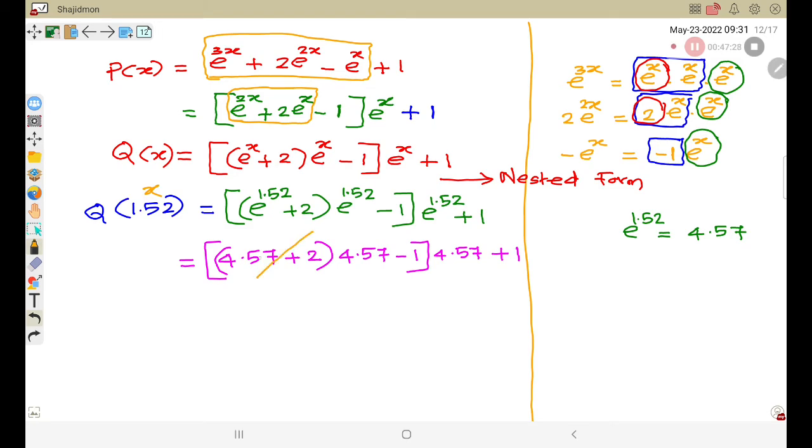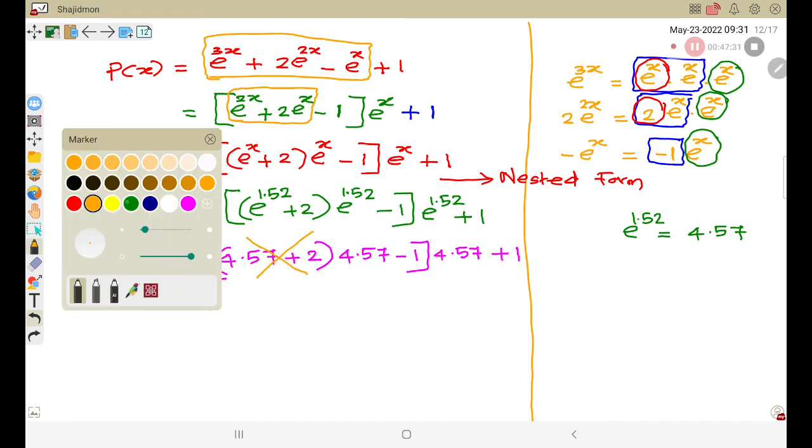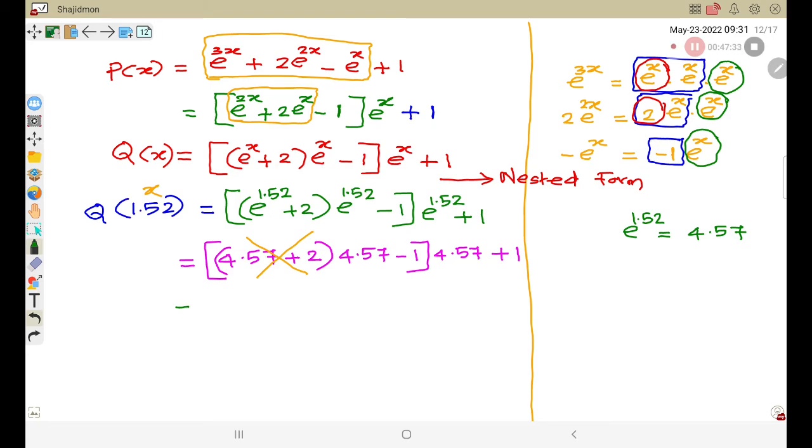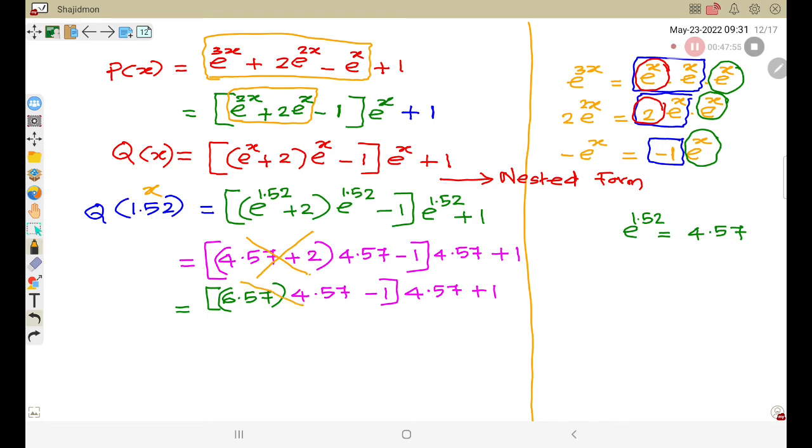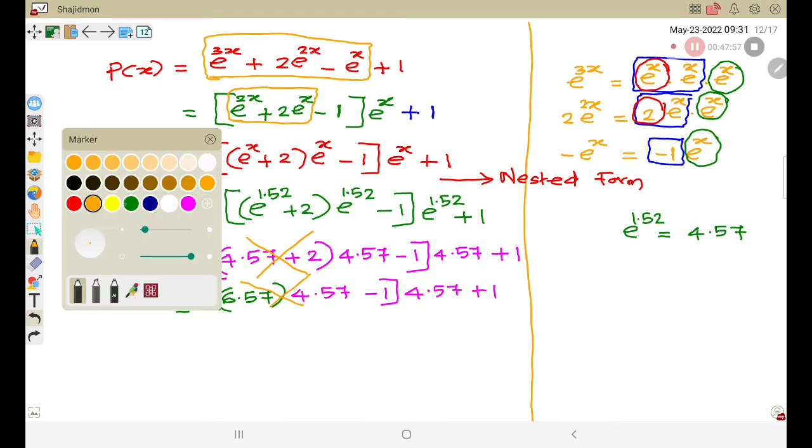First 4.57 plus 2. Check the number. Equals 6.57. Okay. All other terms we are writing same. That means multiply 4.57 minus 1, multiply 4.57 plus 1. Now again next to 2 number, 6.57 multiply 4.57.